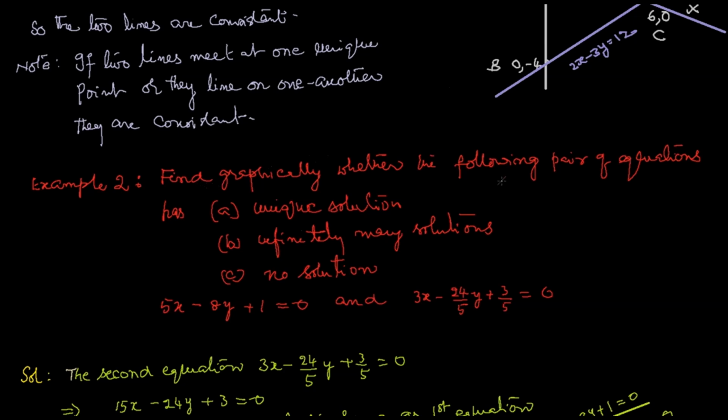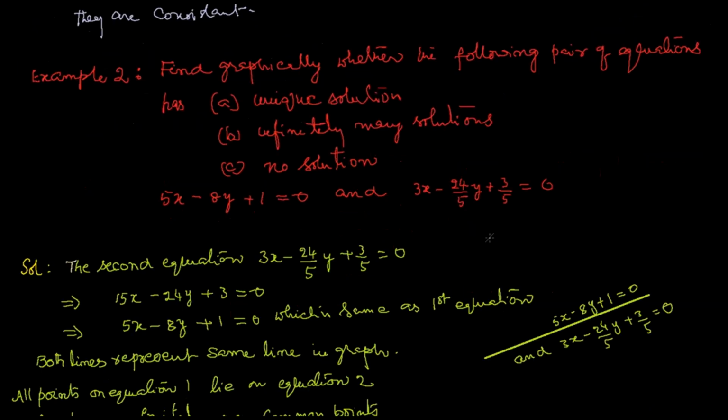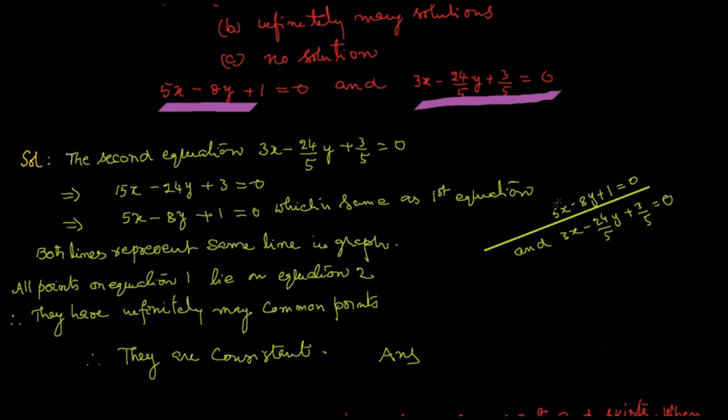Find graphically whether the following pair of equations has a unique solution, infinitely many solutions, or no solution at all. Two equations are given. So graphically I didn't solve, but I solved. They are consistent.